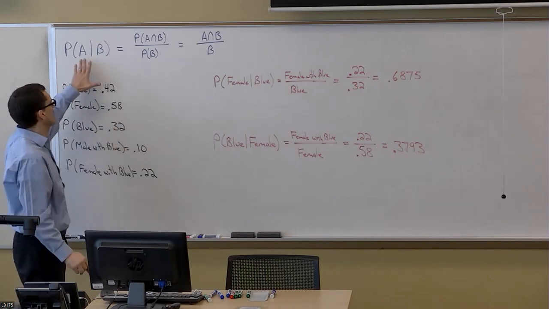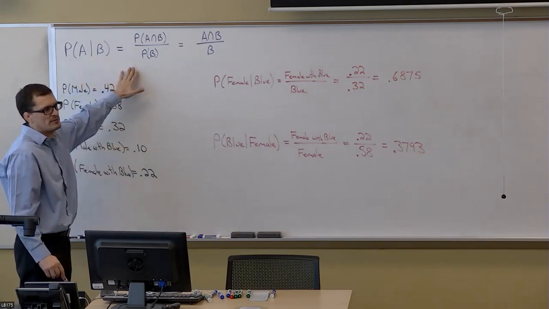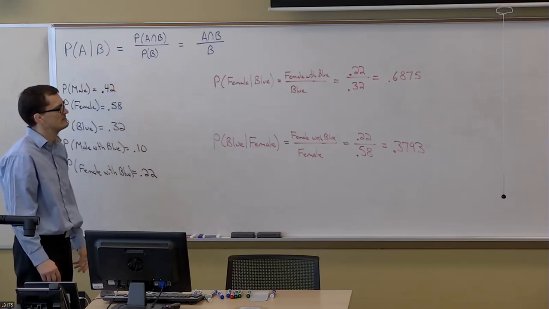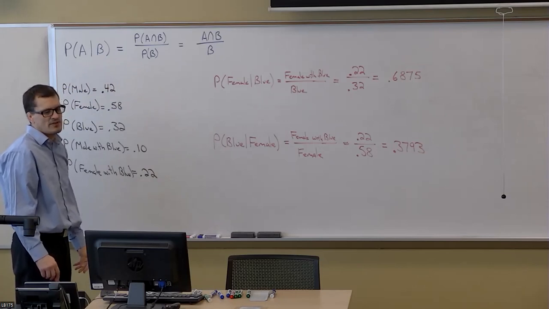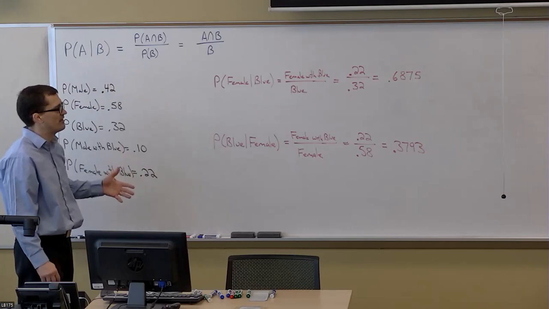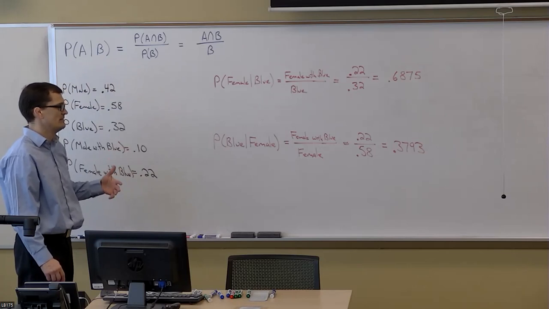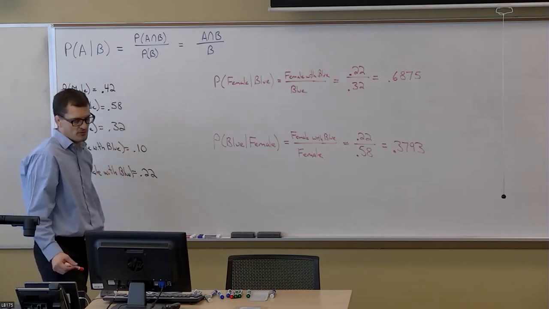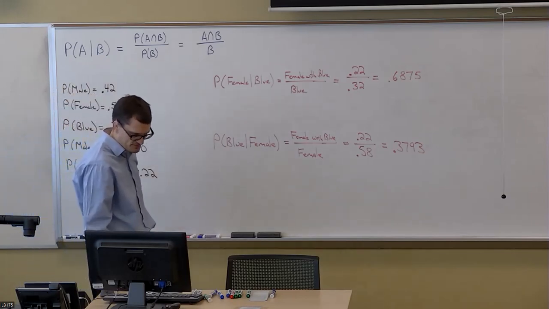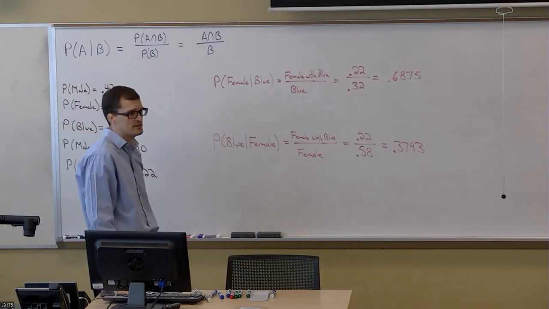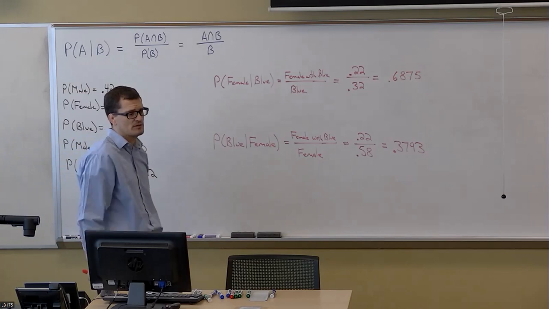Any questions about dependent probabilities? How to find these dependent probabilities? And again, you'll see that the probability of being male, given that you're in the blue-eyed group, is different than the probability of being female. And having blue eyes, given that you're male, is different than having blue eyes, given that you're female in this group.